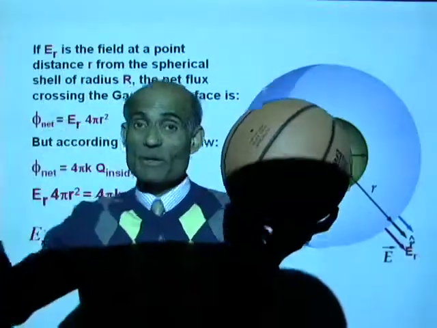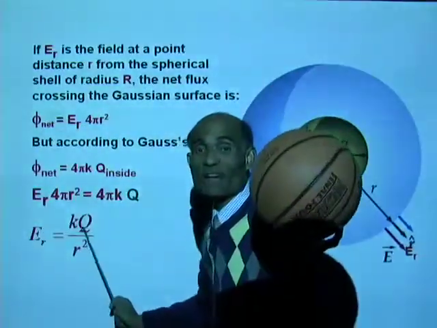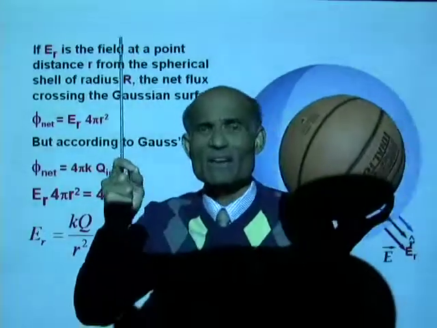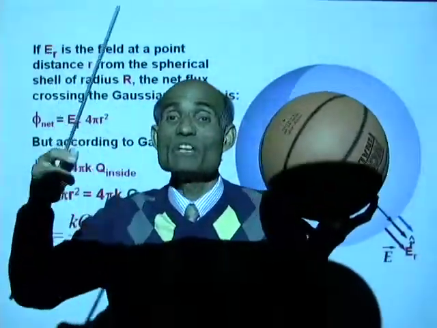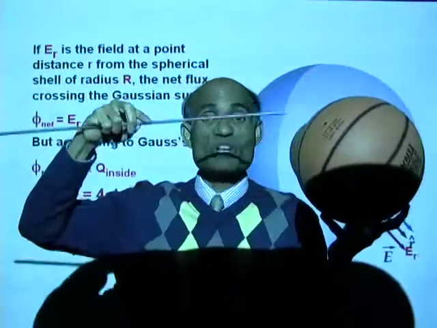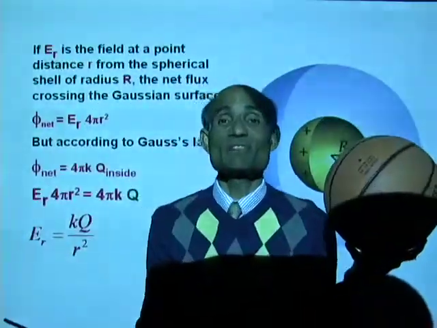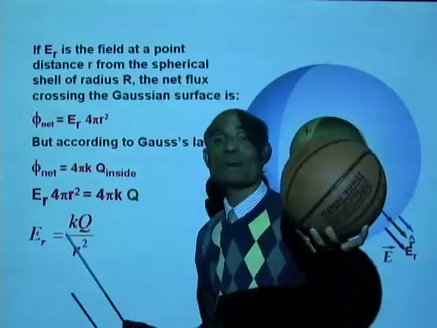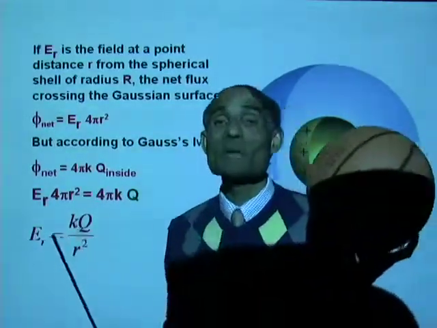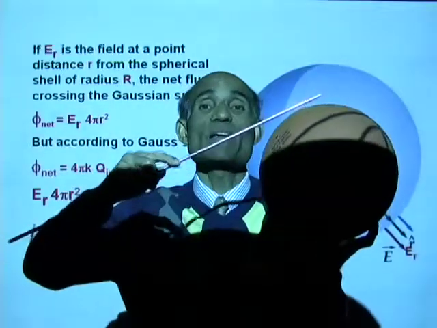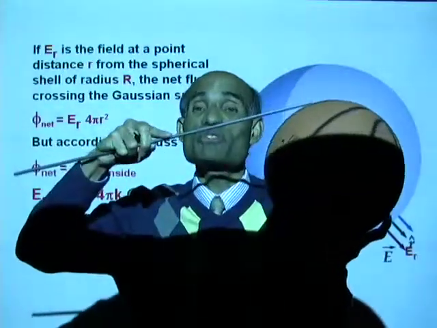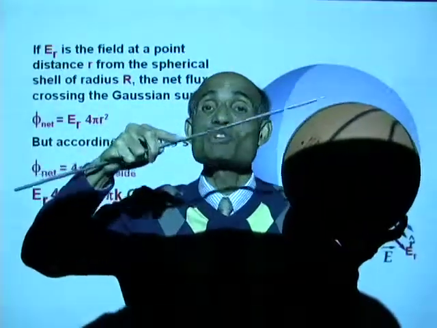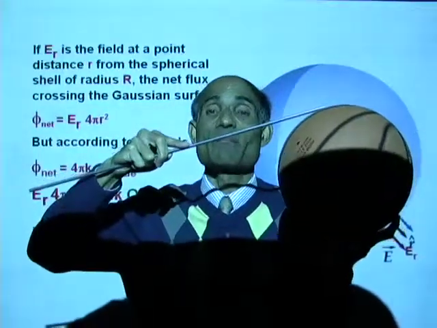But the equation suggests that the behavior is as though all that charge is concentrated at the center, so that E equals k Q over R squared. You remember in the beginning I asked, what is the electric field at any point on the surface of the shell?